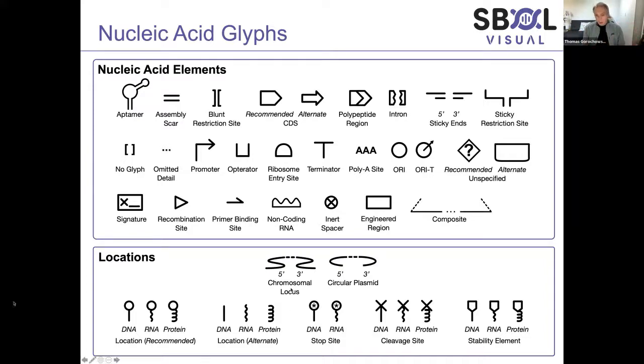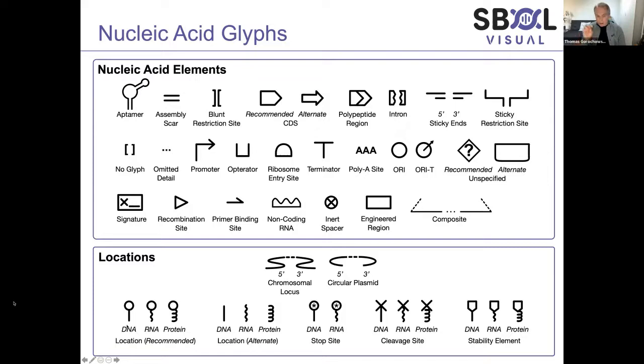And so we have these S-like shapes that you can place at the end of your design, and then you can include a locus or whatever to define where that design would be found within the host itself. Or if it's a plasmid that you're describing, you can use these little curved ends to show that it's a plasmid that's encoding this design.